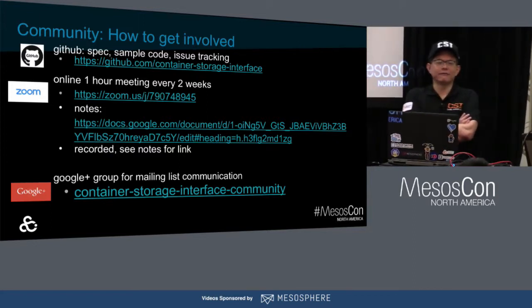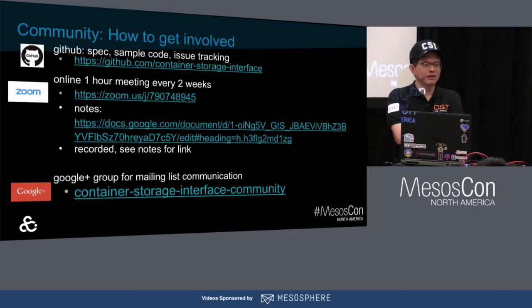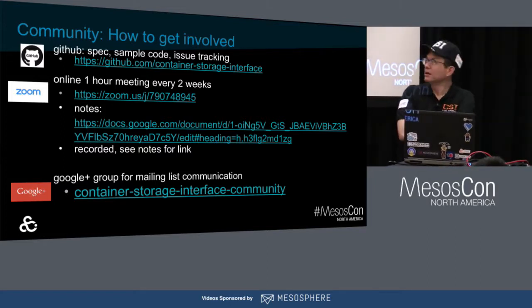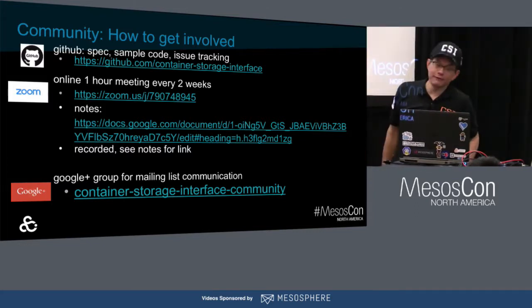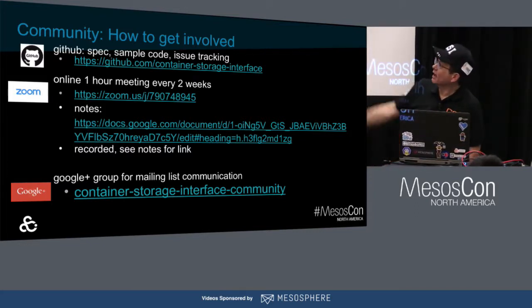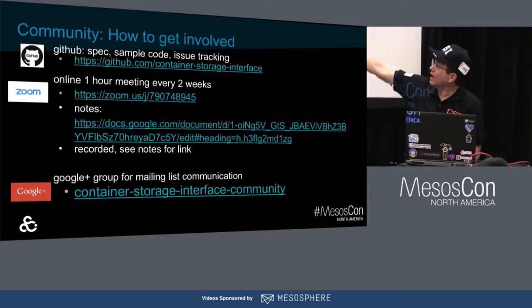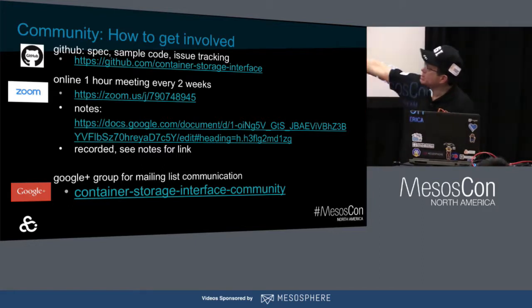If you've got features that you really want, I'd invite you to get involved with the container storage interface group and get your feature wish list on the table. It's currently operating in the form of an online one-hour meeting every two weeks, and there's a link to get there. There is also a Google group that supports a mailing list.